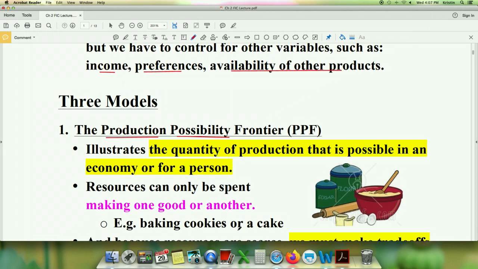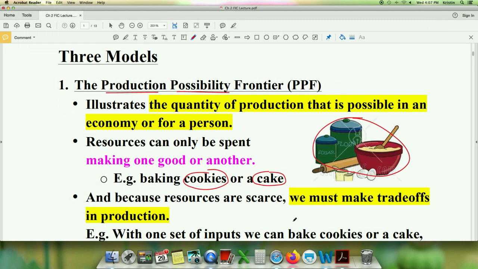Resources are scarce. So for example, suppose you have these ingredients, and with these ingredients, you could make cookies or a cake, but you don't have enough for both. Because the resources are scarce, you have to decide to make one or the other, and that is a trade-off.